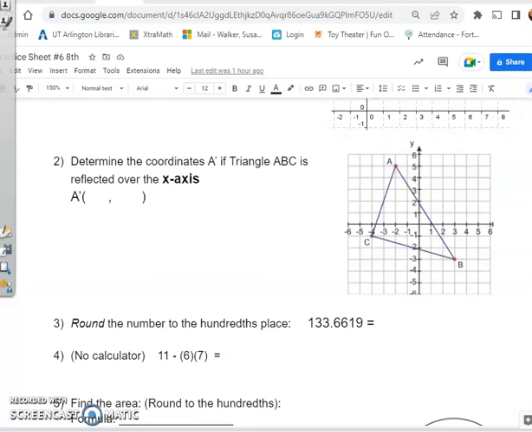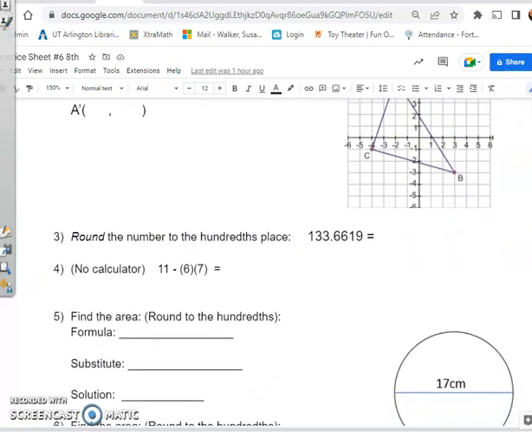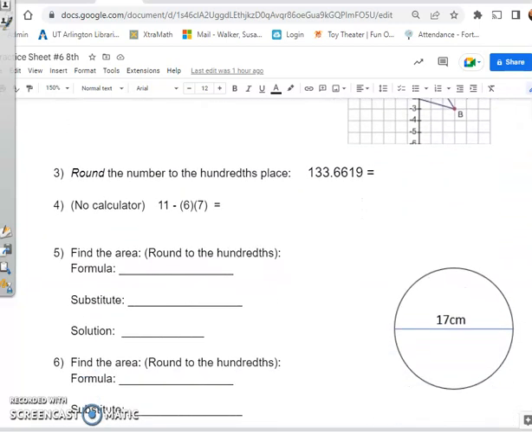Number 3, round the number to the hundredths place. Okay. Hundredths. Okay. Ones, tens, hundreds, ones here. Tenths, hundredths. I want you to start trying to round these numbers.